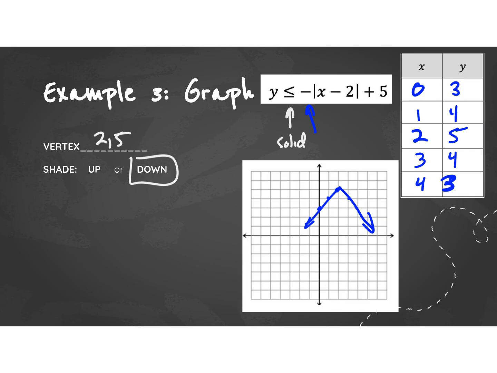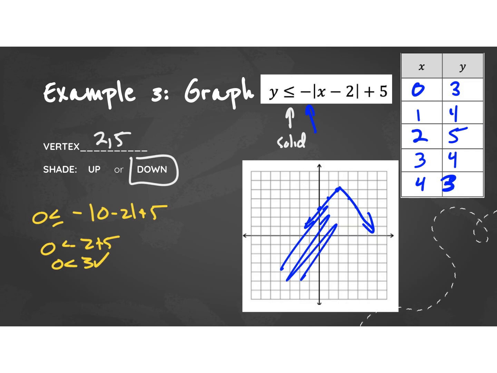So then, even if I test 0, 0, which I can, I know I'm going to shade down, but even if I want to test 0, 0, I can absolutely do that. Is 0 minus 2 absolute value plus 5, is 0 less than that? So is 0 less than negative 2 plus 5? Is 0 less than 3? Yes. So I'm going to shade in here.